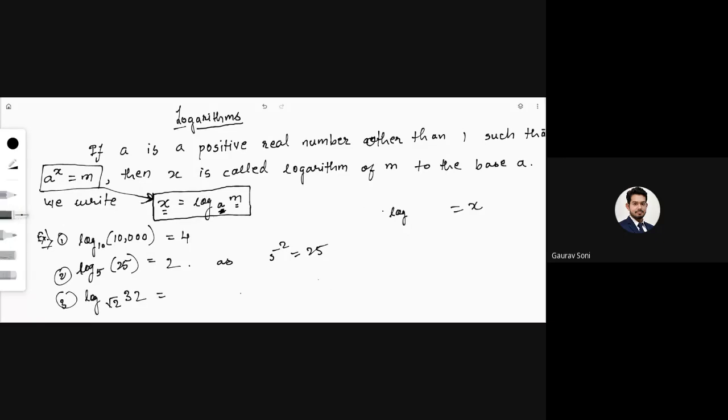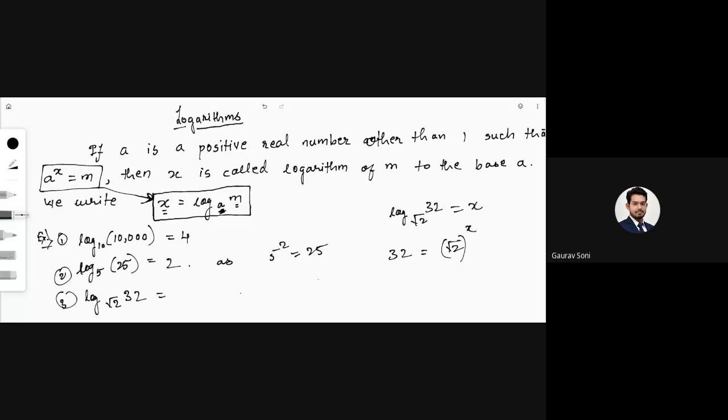So log to the base root 2 of 32 is equal to x. So 32 will be equal to root 2 raised to x.